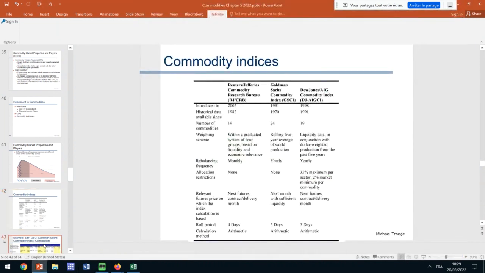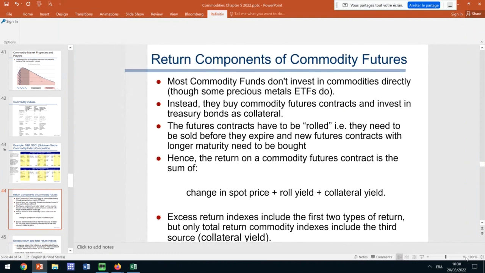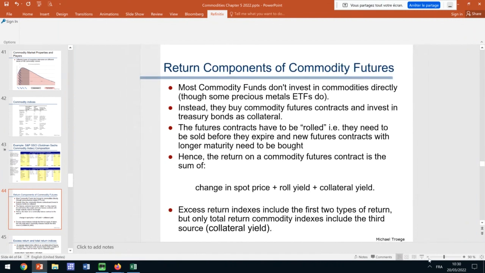Now, what is the strategy of these contracts? As I told you, these index funds do not invest in the underlying commodity. So they don't buy live cattle. They invest in live cattle futures. Now the problem is what? There are 2 problems.